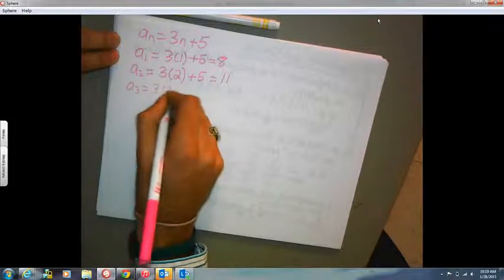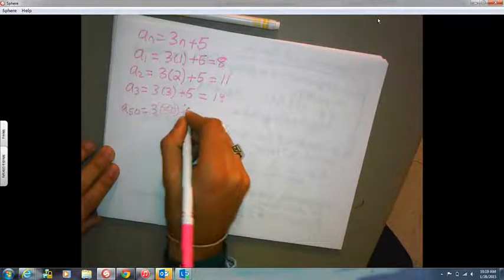If I wanted to find a2, the second term, 3 times 2 plus 5, which is 11. If I wanted to find the third term, 3 times 3 plus 5, which equals 14, and I could keep going. If I wanted to find the 50th term, 3 times 50 plus 5 is 155. Questions on that?